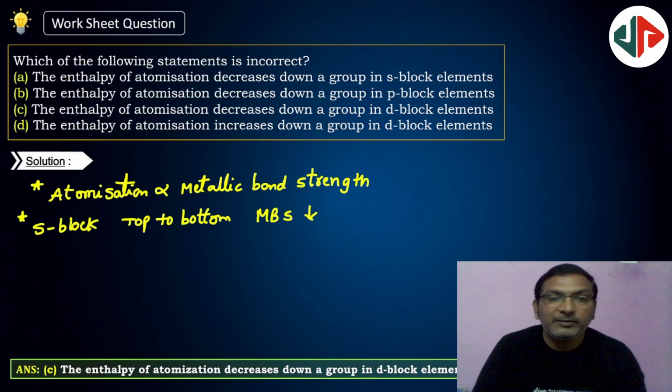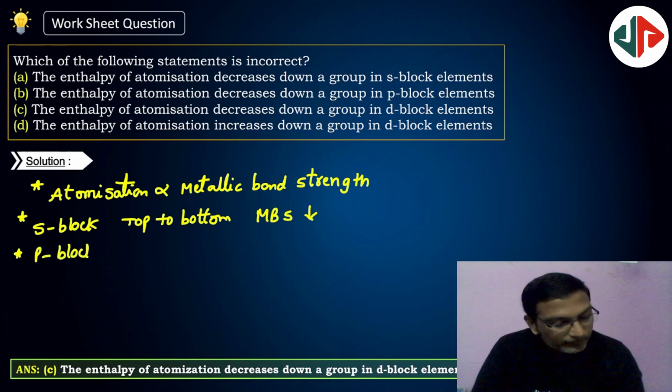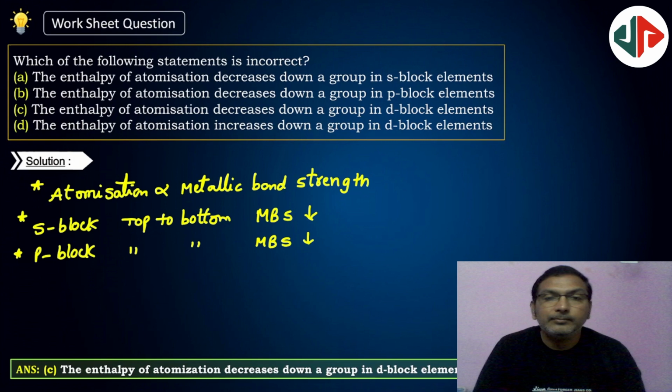Therefore, enthalpy of atomization decreases. For p block also similar. Same top to bottom, metallic bond strength decreases, or force of attraction decreases.